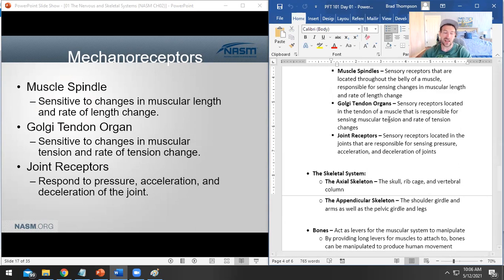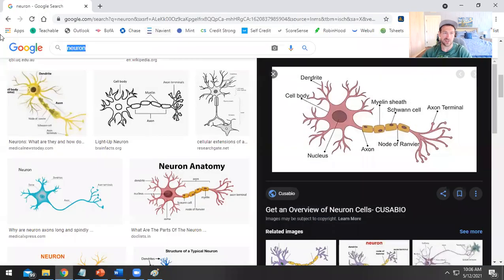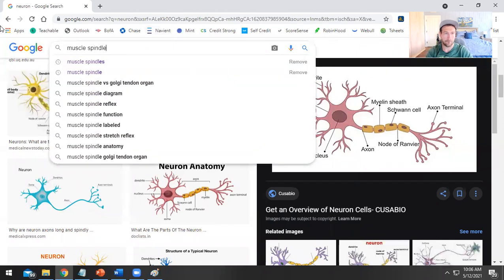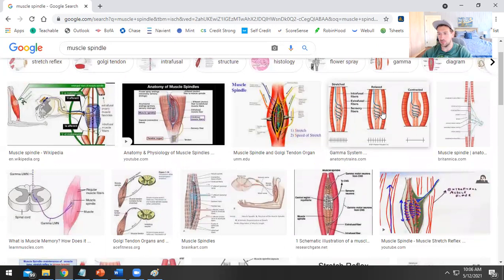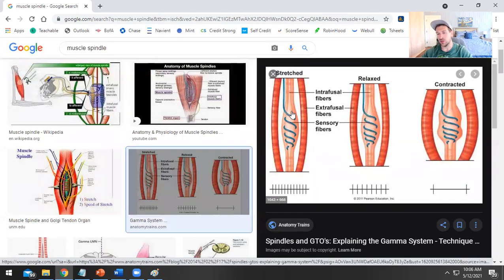Imagine a muscle spindle as a coil that wraps around your muscle. It runs all the way from one end of the muscle to the other.